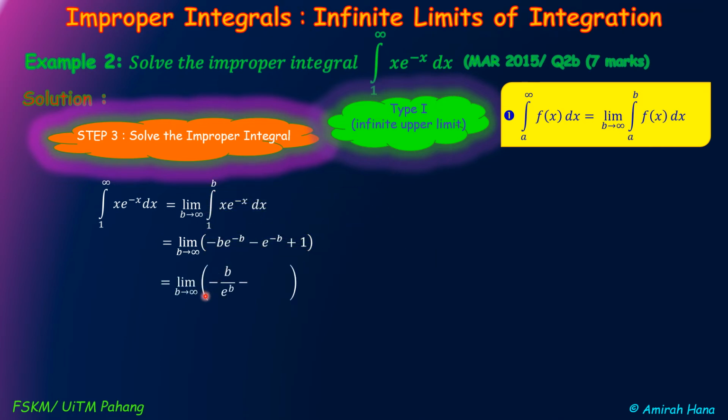And after that, we can move down the negative exponent using properties of indices. So we have the limit b to infinity of b over e to the power of b minus 1 over e to the power of b plus 1.